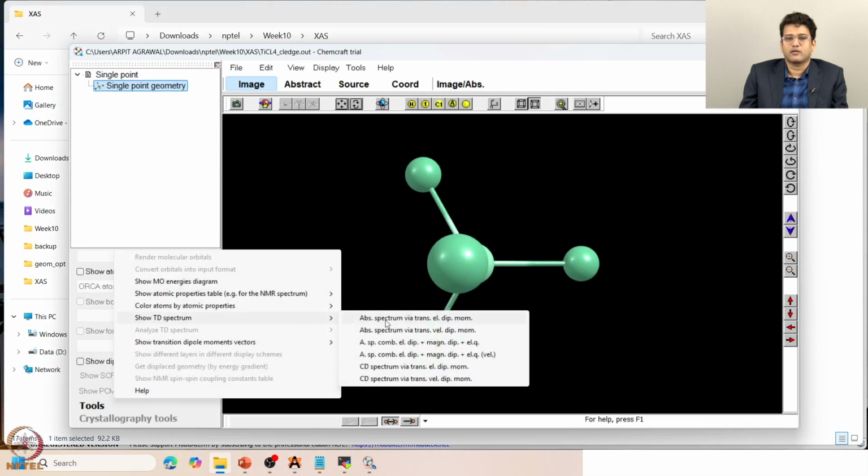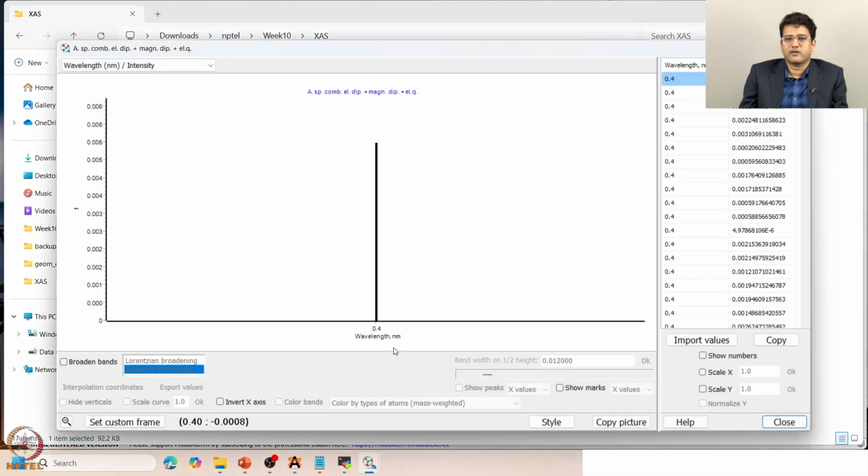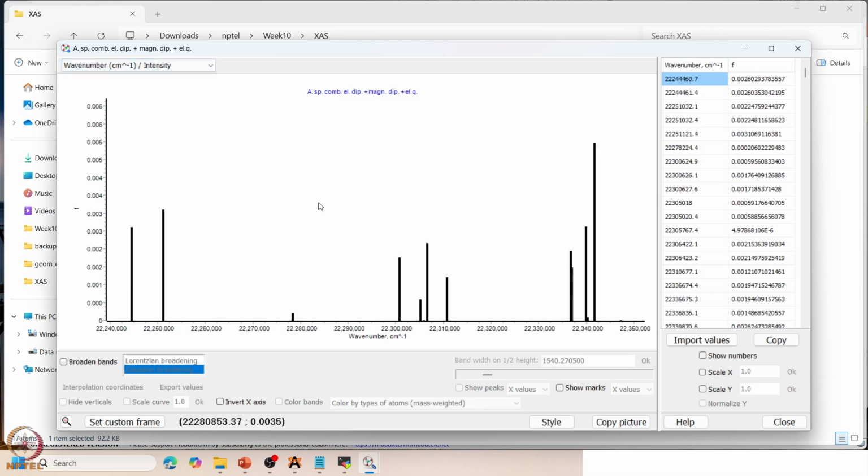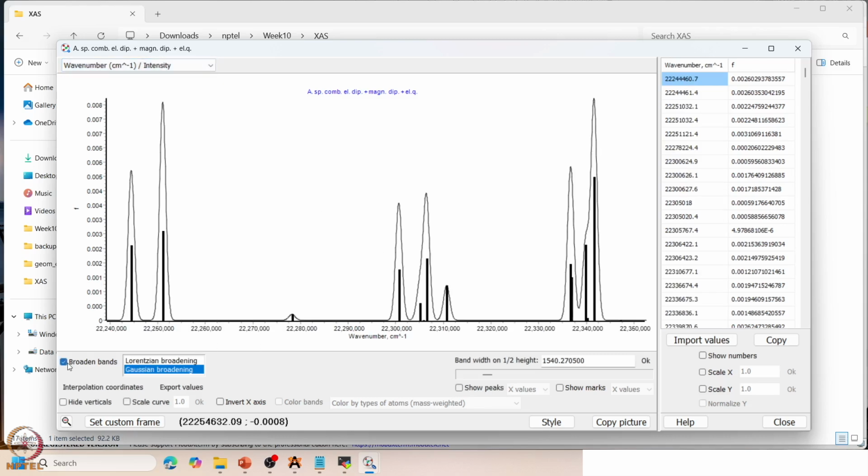And this is how the absorption spectra look. I will go to the centimeter inverse scale, do the broadening. So, this is how the spectra will look.